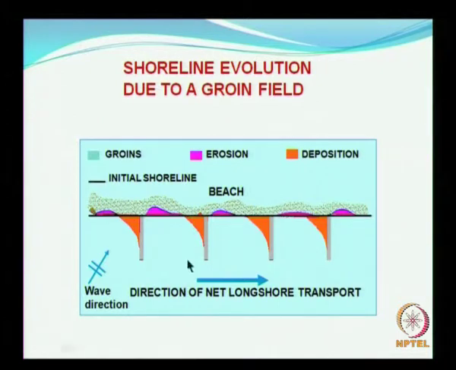Now if we have a series of groins as shown here, on the assumption that the net sediment transport is from left to right as indicated in this slide, you have the advancement of the shoreline, and on the downdrift side you will have erosion taking place. So ultimately, you will have alternate zones of erosion and deposition.